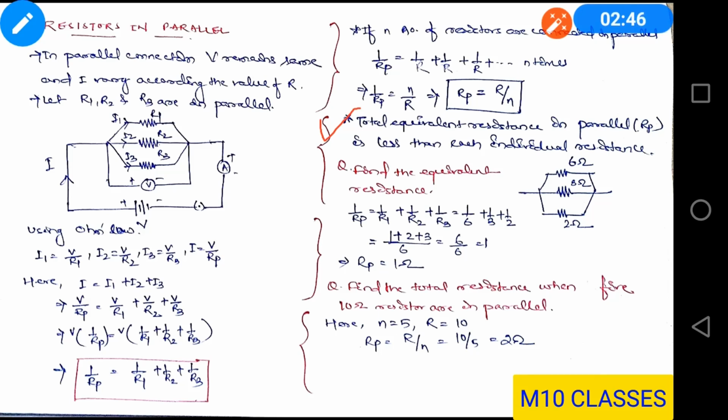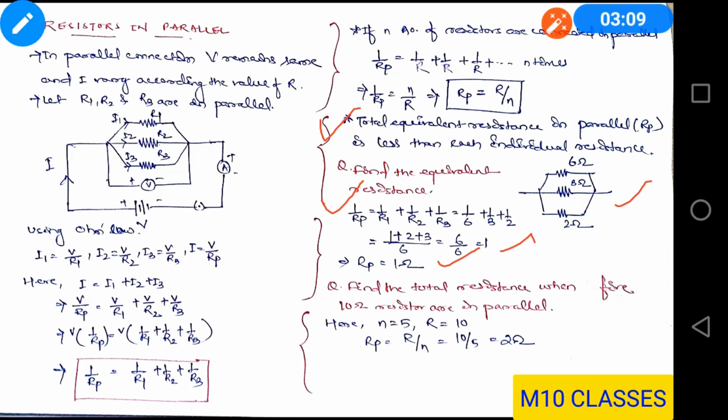Now let us see an example. I have taken here 6 ohm, 3 ohm and 2 ohm. These are in parallel. Let us find the resistance in parallel. Put the formula 1 by Rp equals 1 by R1 plus 1 by R2 plus 1 by R3. You are getting 1 by Rp equals 1. What is Rp, the equivalent resistance in parallel? That is 1 ohm.